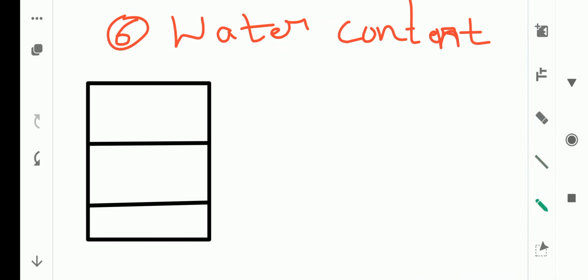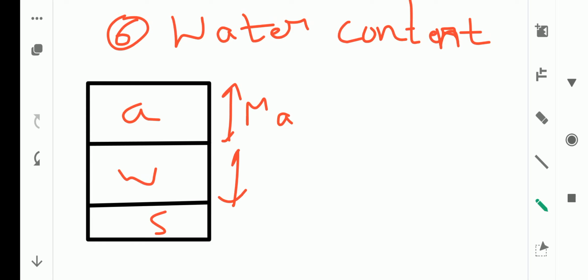Right, and we know that this is air, this is water, this is solids. And we also know that this is mass of air, that is negligible. This is mass of water, and this is mass of solids.